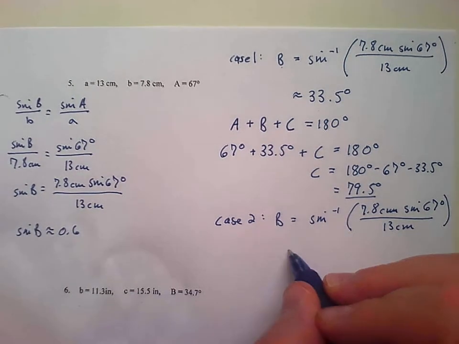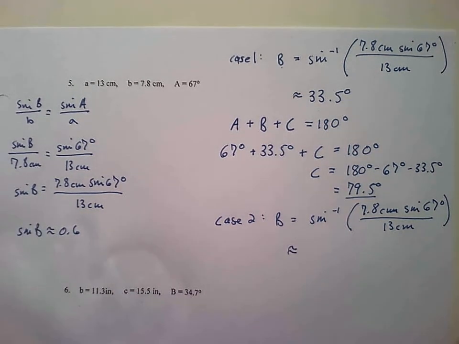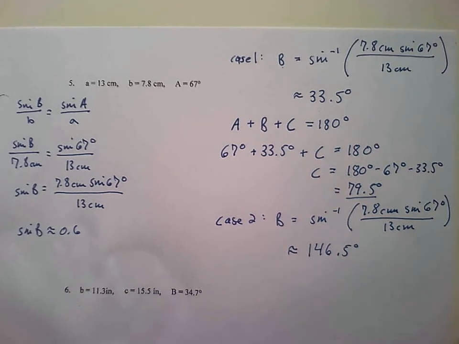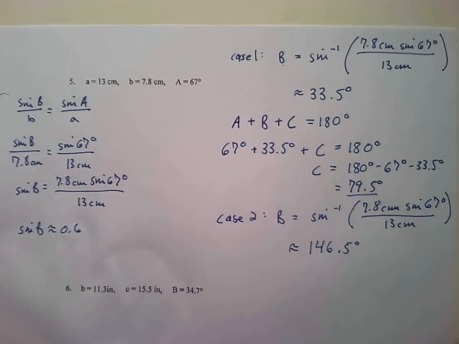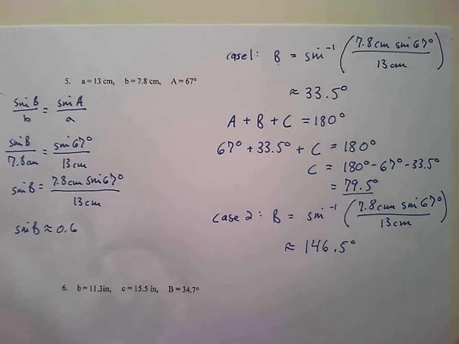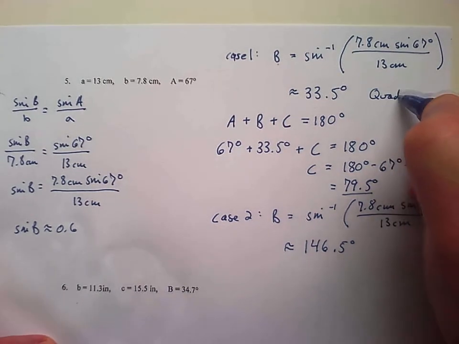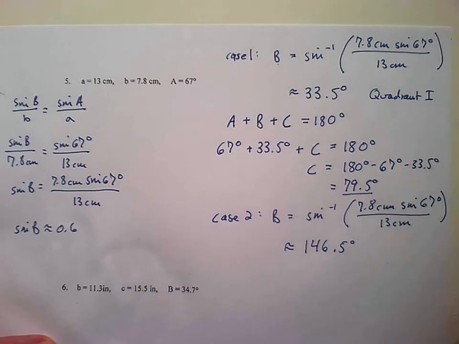And another angle that will solve for B is 146.5 degrees. Now, the important thing to realize here is that this right here is in quadrant 1, and this right here is in quadrant 2.